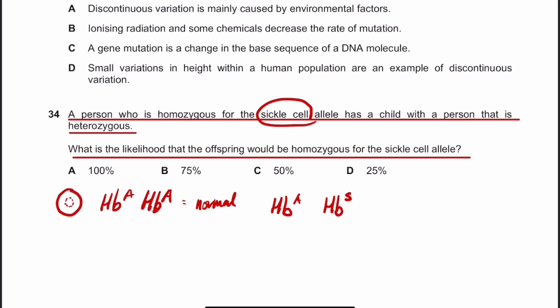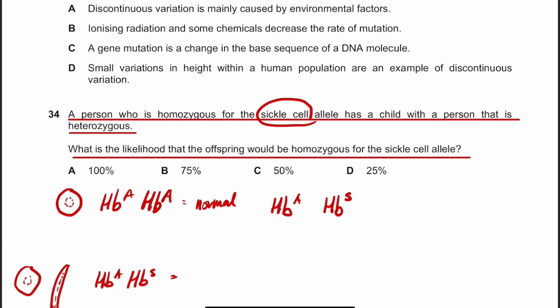If a person has HbA and HbS, then his or her red blood cells will be affected. Some of them will be normal and some of them will be sickle shaped.